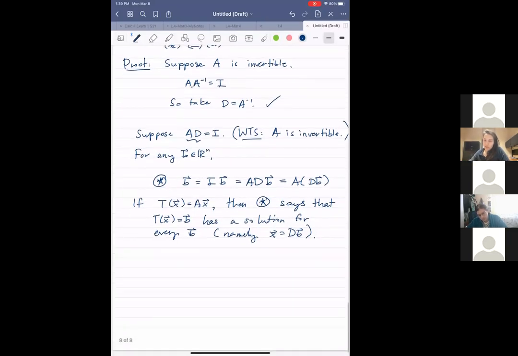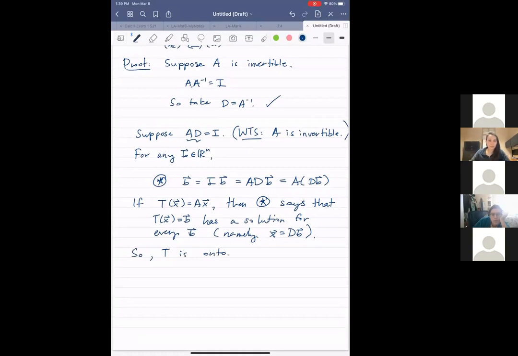If this has a solution for every B, this is the definition of what it means for T to be onto. So T is onto.